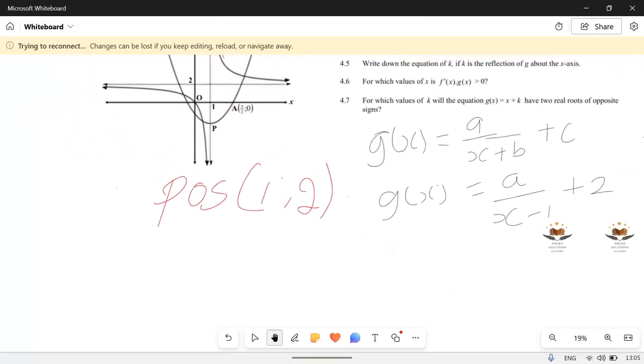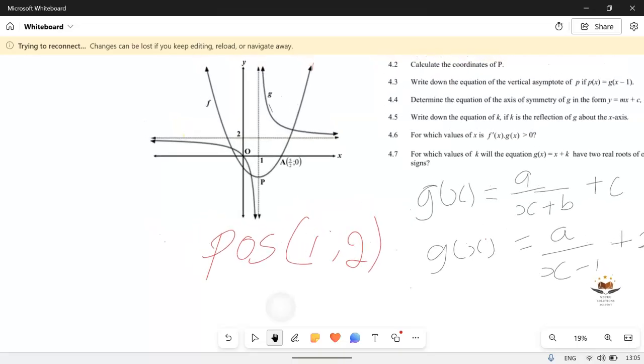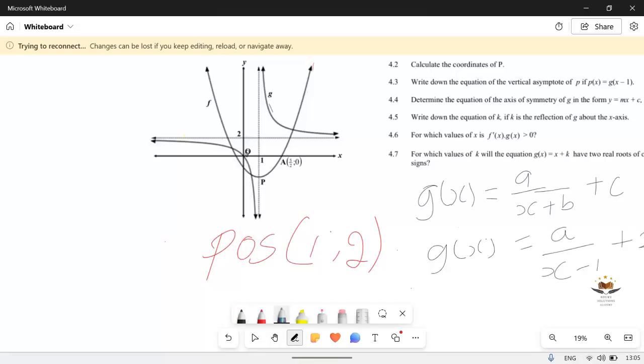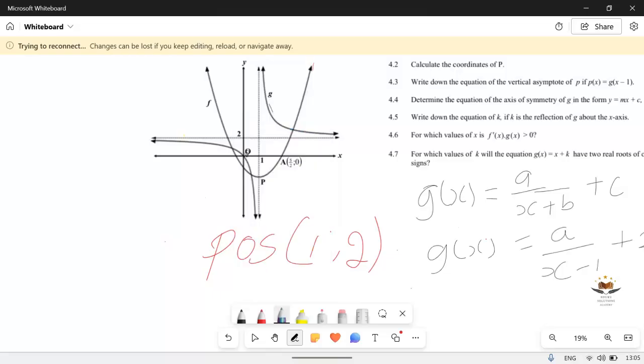When we want to find the value of a, we look at where our hyperbola is passing, the point that we already know. This is the point that we know, the origin, which is at 0 and 0.